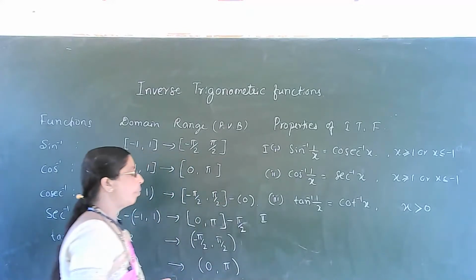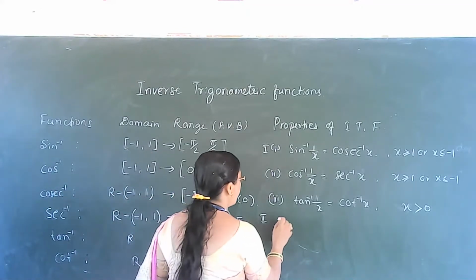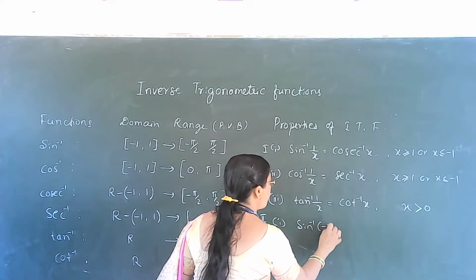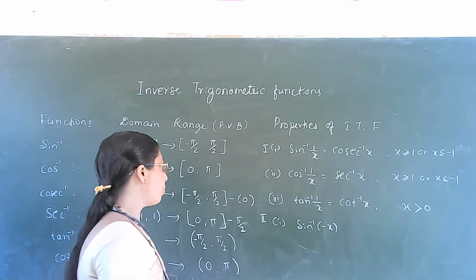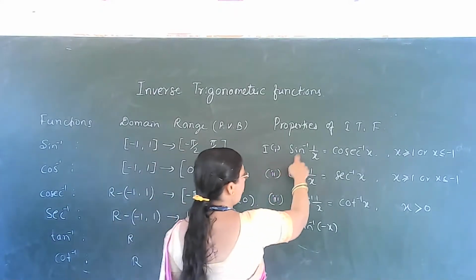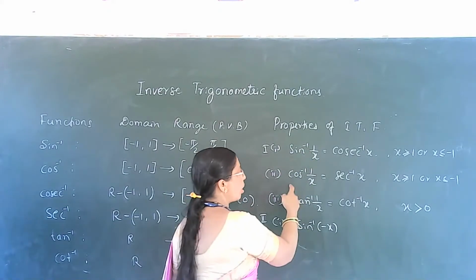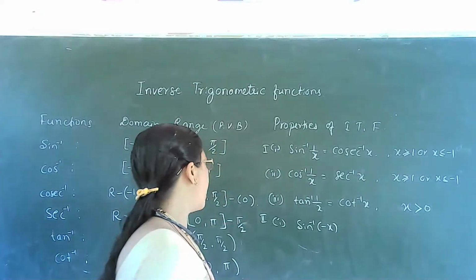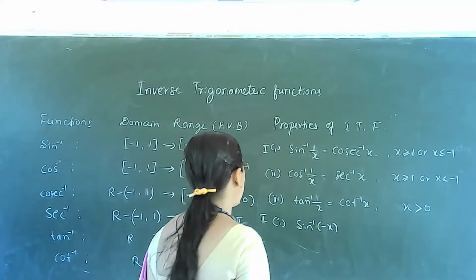Sin inverse of 1 by x is equal to cosec inverse x. Cos inverse of 1 by x is equal to sec inverse x. Then tan inverse of 1 by x is cot inverse x.